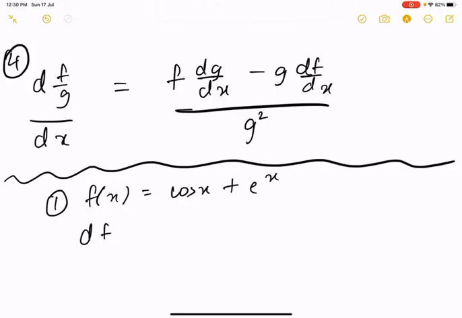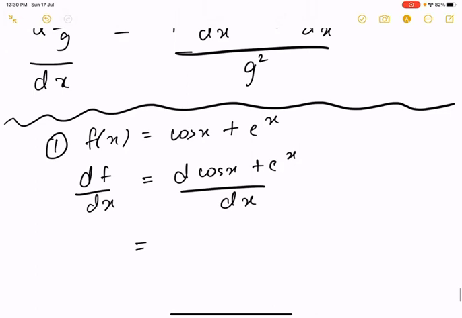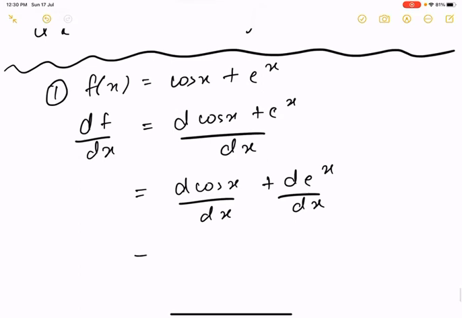Now what is differentiation of f? It is going to be differentiation of cos x plus e raised to x. So what is this? Addition rule says that the differentiation splits up. The addition will split up, no? That is the addition rule. Now what is differentiation of cos? It is minus sin.